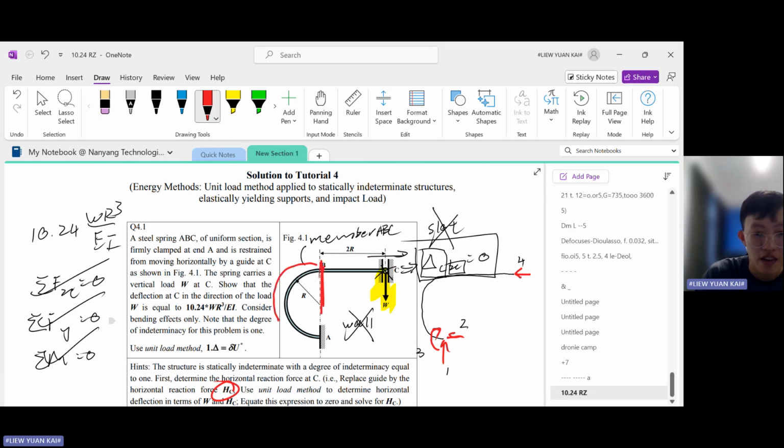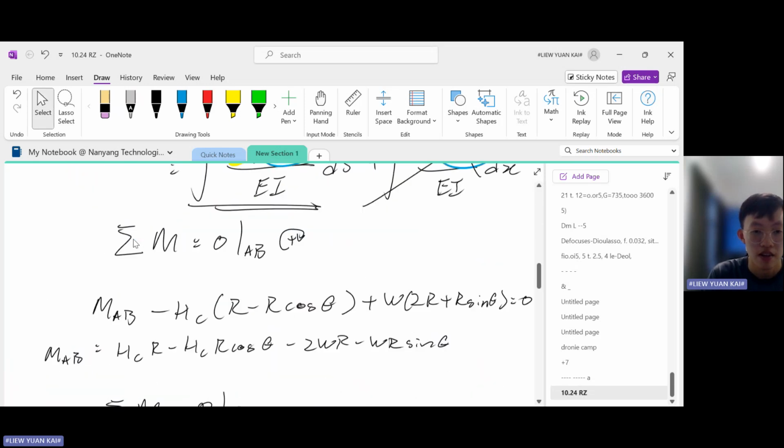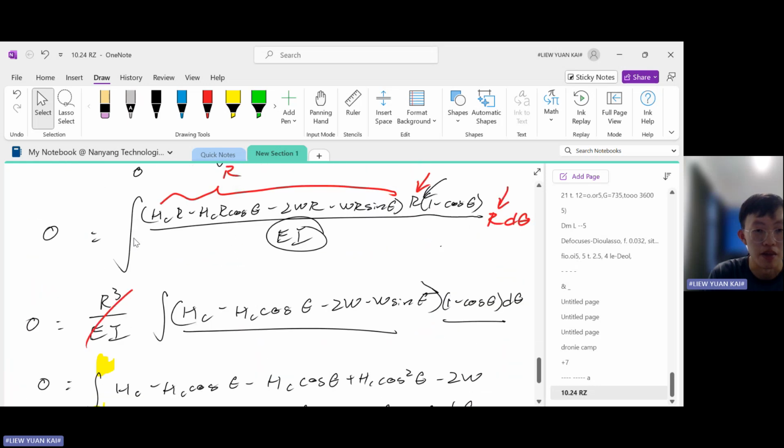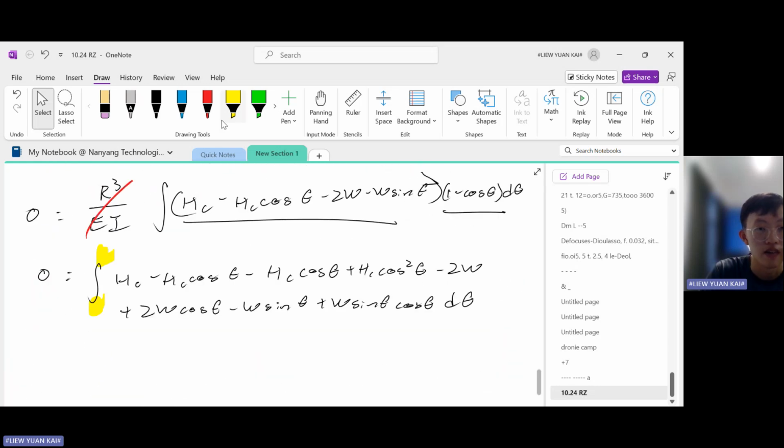Then we make a half turn, which is 180 degrees. What's 180 degrees in radians? 180 degrees is pi radians. So the limits of our integral will be 0 to pi radians.